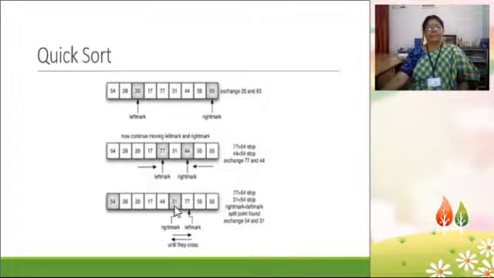So in this case we exchange 54 and 31. So when the left pointer crosses the right pointer, in other words, when the left pointer is greater than the right pointer, we exchange the elements pointed by the right pointer and the pivot element, and the position of the right pointer gives you the pivot value. So that is the pivot element.